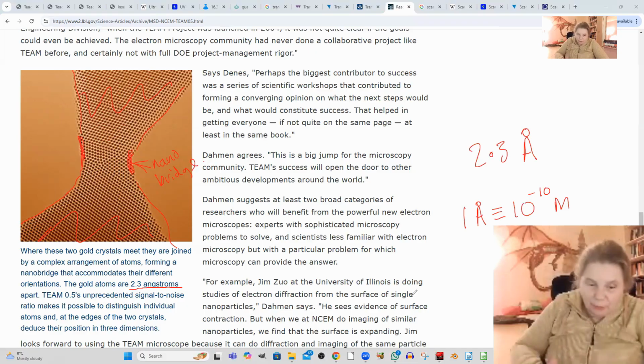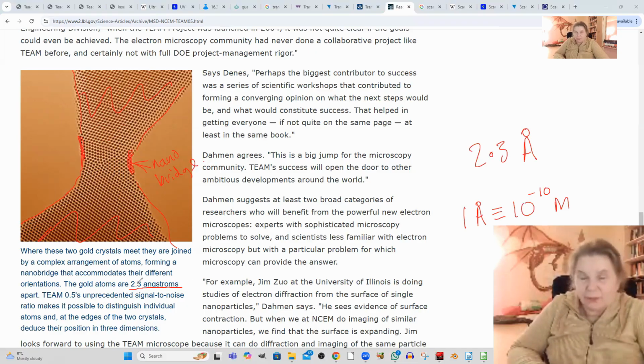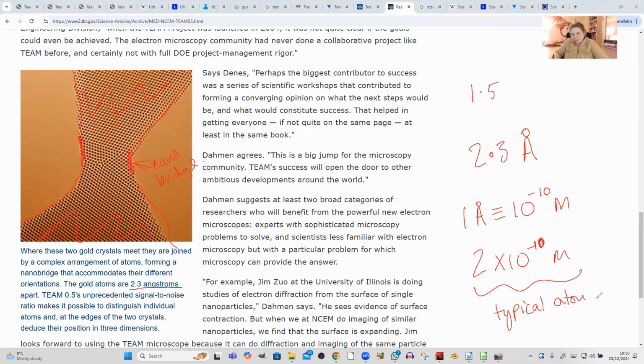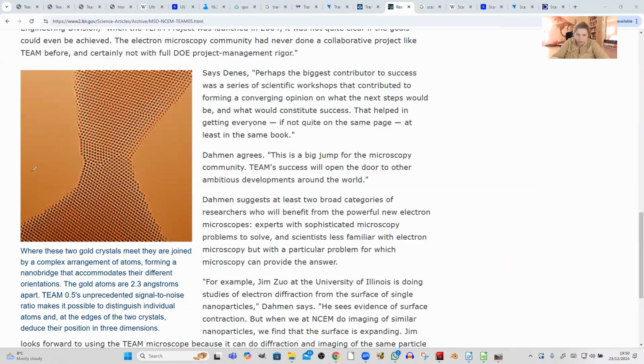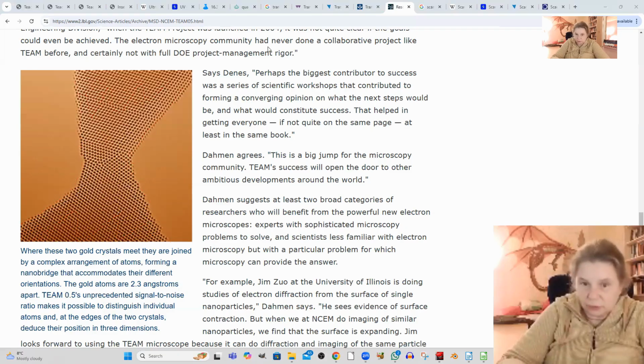But the gold atoms, can you see they're 2.3 angstroms apart? Gold atoms are big. 1 to 2 angstroms is the normal size for an atom. Interesting. And they saw them for the first time, right? The only reason they could do it was because they'd done this work, making the resolution as high as possible, correcting the problems with the way the system worked.